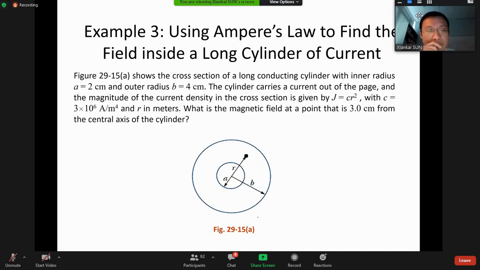All right. So in the third example, you are asked to find the field inside the long cylinder of current by using Ampere's law. Okay, so the difference of this example from the previous two examples is that this wire is hollow. The current only flows in this ring-shaped area.